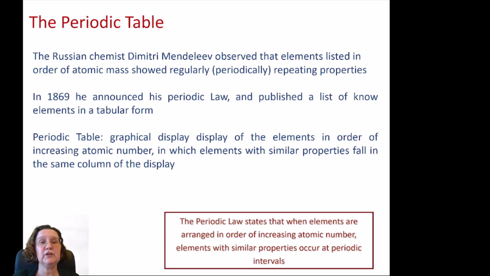He published his periodic law and his periodic table in 1869, and another chemist, a German chemist, Lothar Meyer, came up with a similar periodic table around the same time.